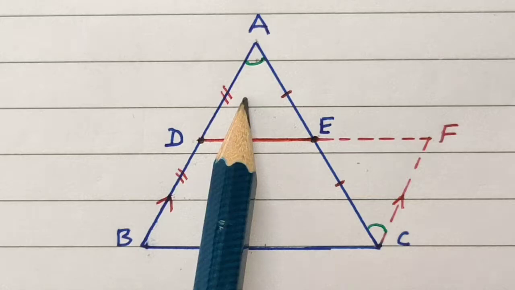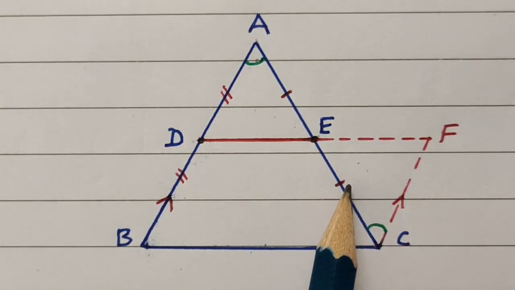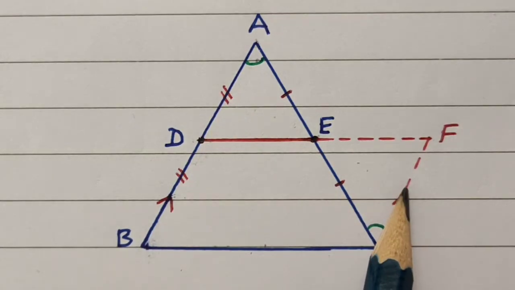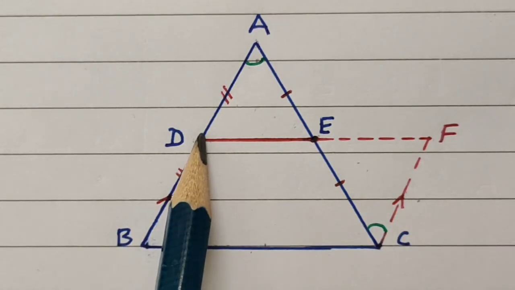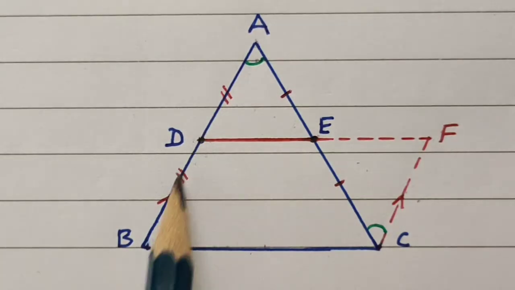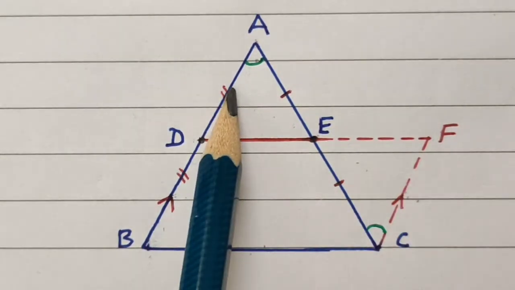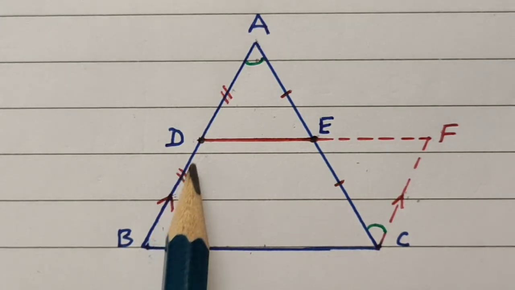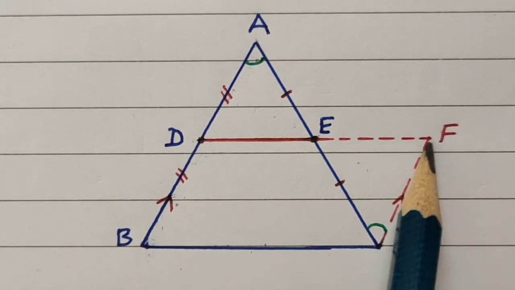Because these two triangles are congruent, this side is equal to this side, so AD is equal to CF. But because D is the midpoint of AB, AD is equal to BD. Because AD is equal to CF and AD is equal to DB, therefore BD is equal to CF.